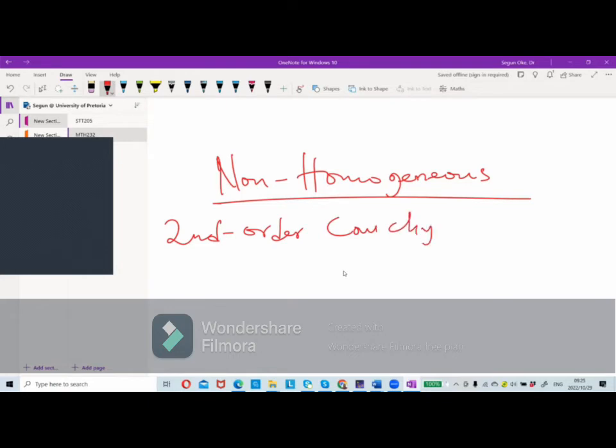They are also mathematicians. Cauchy and Euler, they are both mathematicians. They discovered this method that we are using today, differential equation.